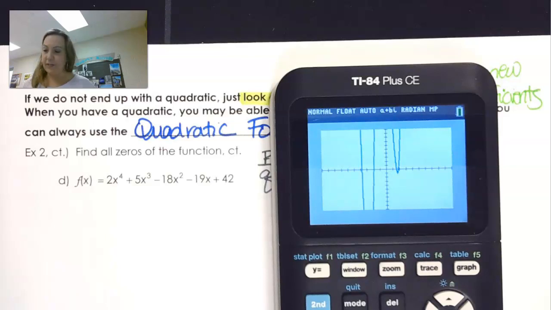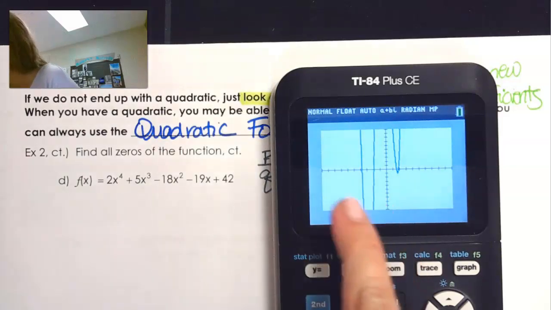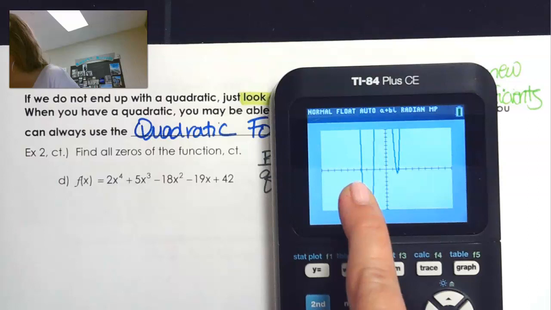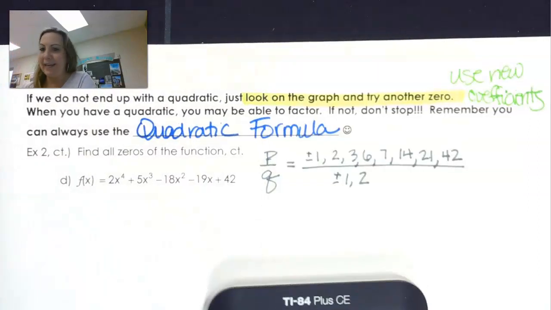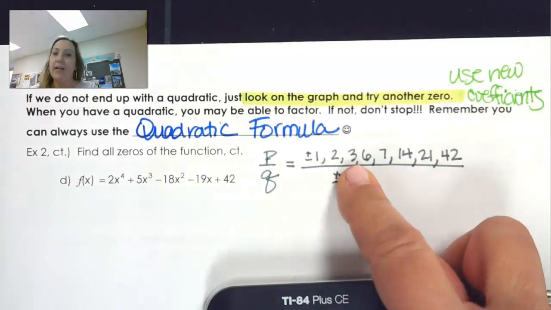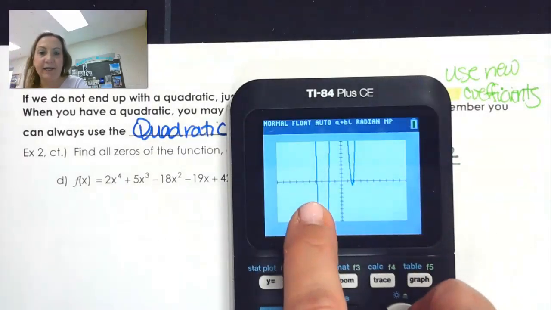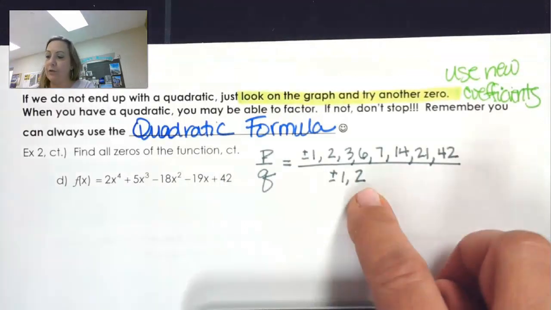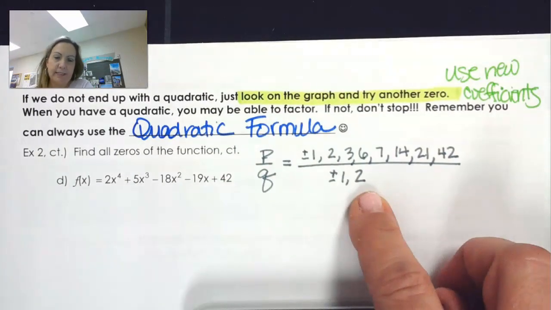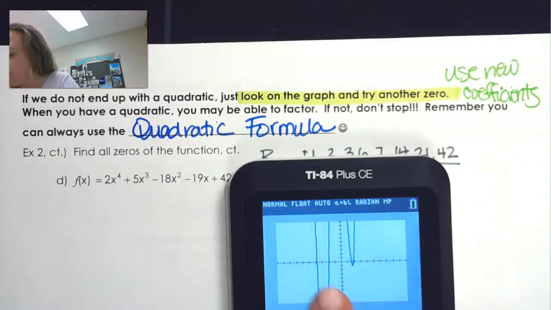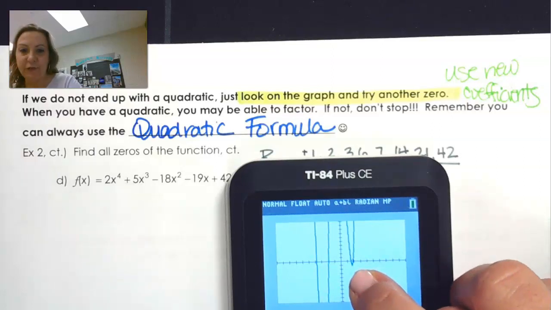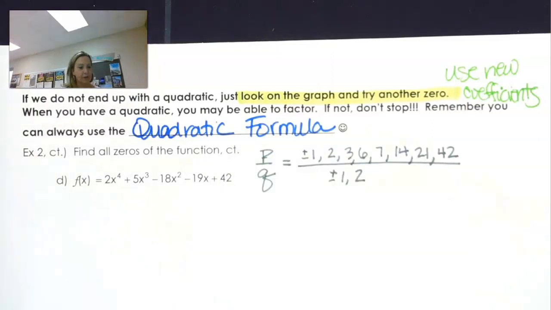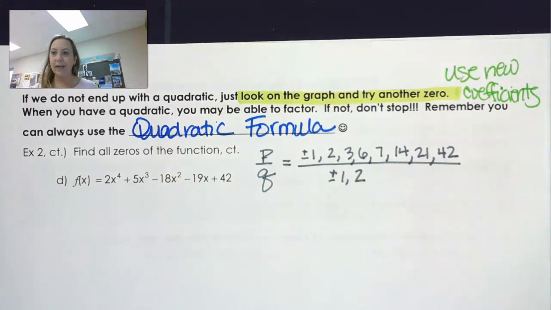So it doesn't look like it's negative 4, but negative 4 isn't on our list. So if we were tempted to try negative 4, that's where we look at our P over Q list and we're like, oh, negative 4 isn't even a possibility. But negative 2 is, that looks like it could be 1. Maybe a positive 2 over here. So let's see what happens when we do that.